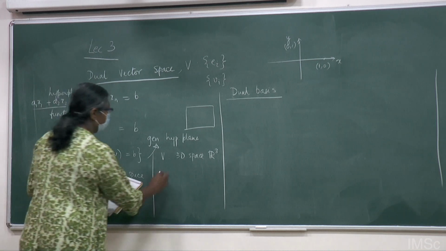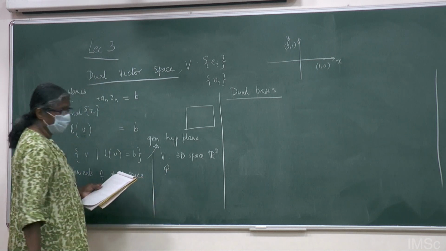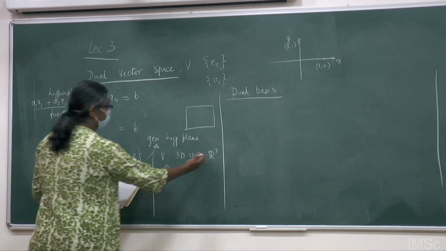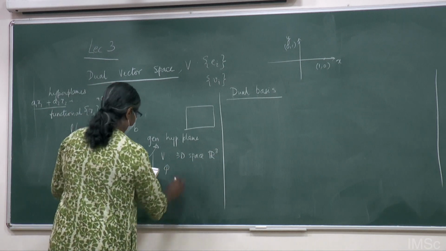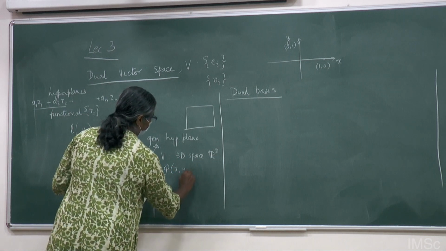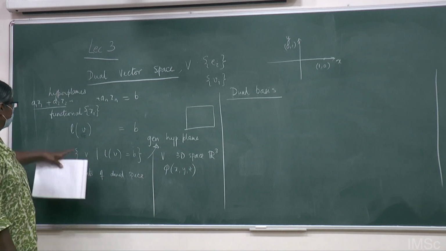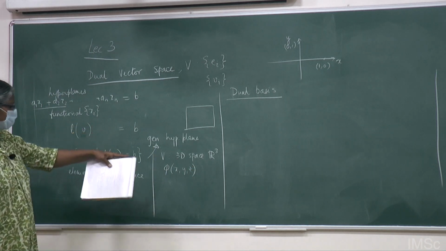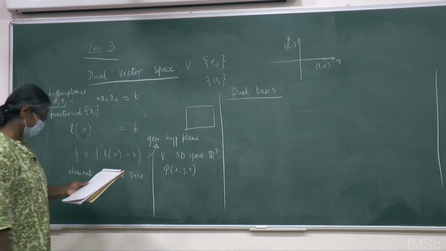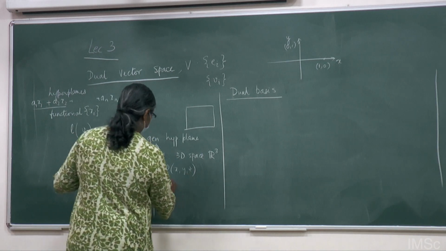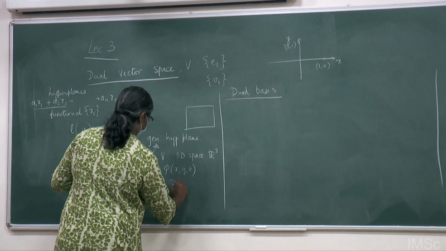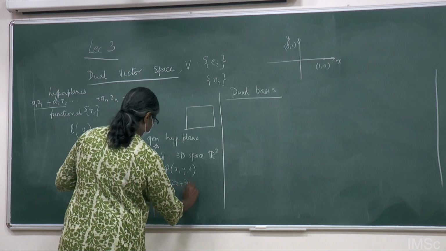Suppose I have a map, a function, which takes the components of this 3-dimensional space. Let's call the members of the space, the vectors, x, y, z. So I have L of V, where V is now x, y, z, my flat 3-dimensional space. Let me take that particular example to be 2x plus 3y plus 4z.